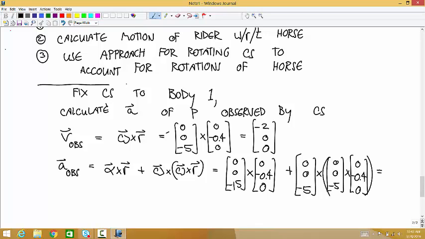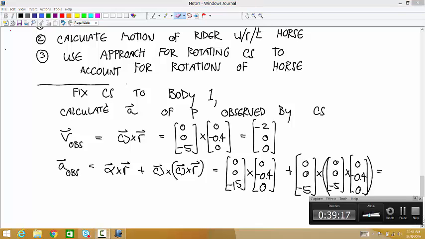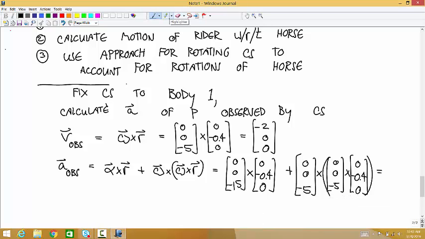Anybody have that in the calculator? Say it again. Okay. So this is meters per second. This is meters per second squared.